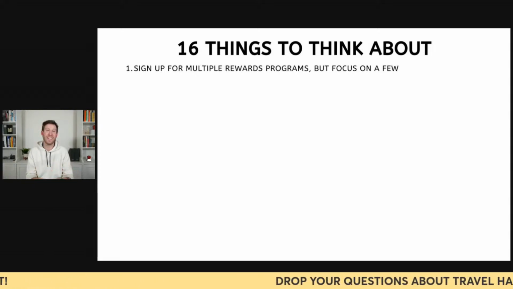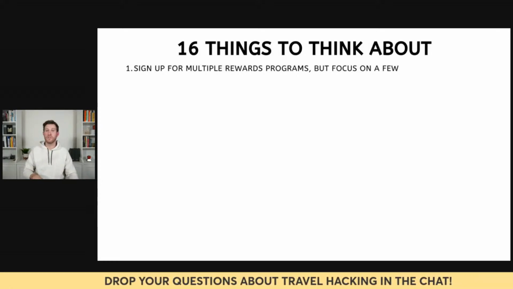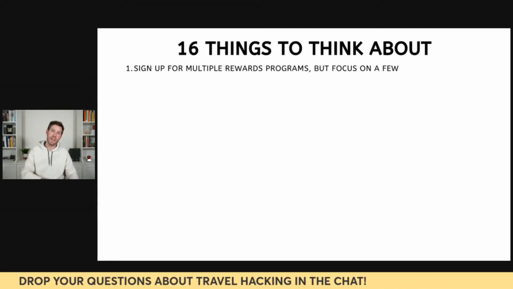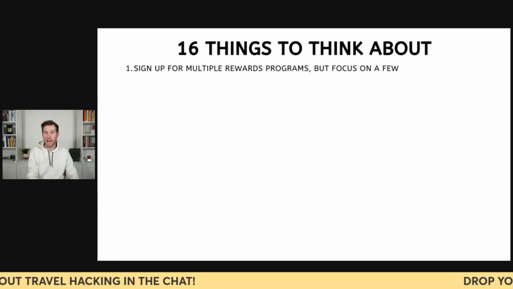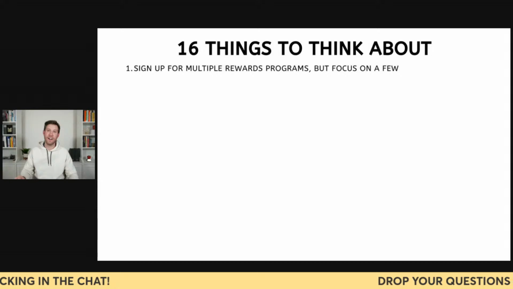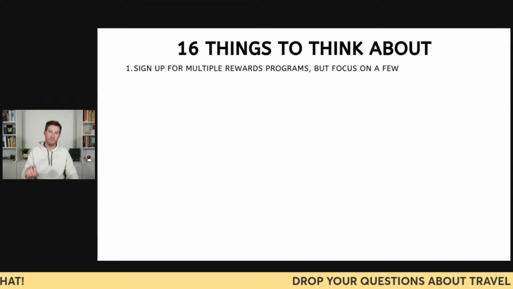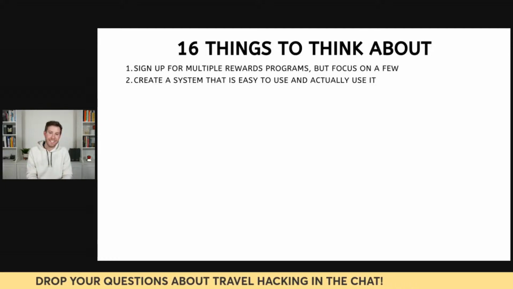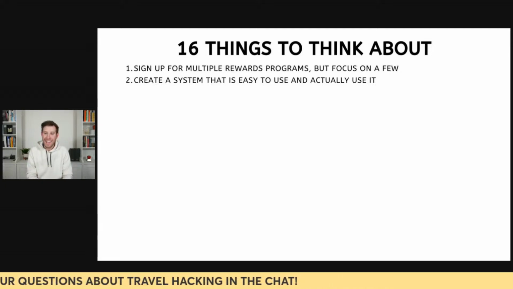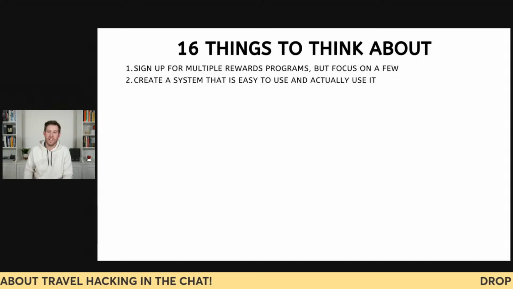You can get free upgrades when you check in. So I can pay for a regular priced room, but I'm able to get a free upgrade because I focused on being loyal to a few loyalty programs, right? That's number one.